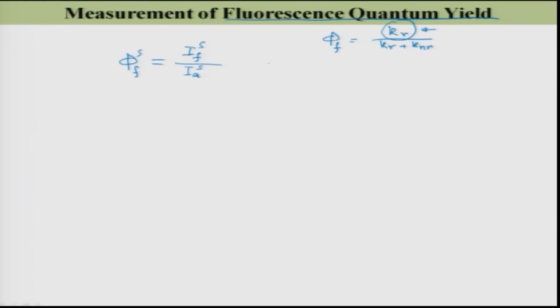So, let me write over here, IFS is the fluorescence intensity of the sample and IAS is the absorption intensity of the sample.